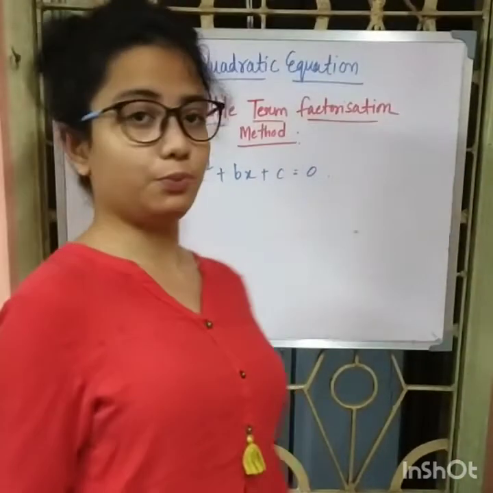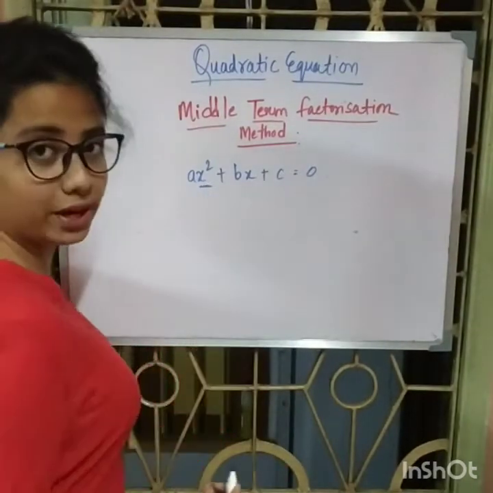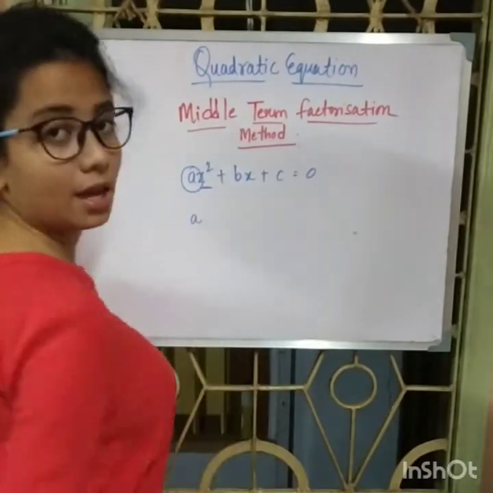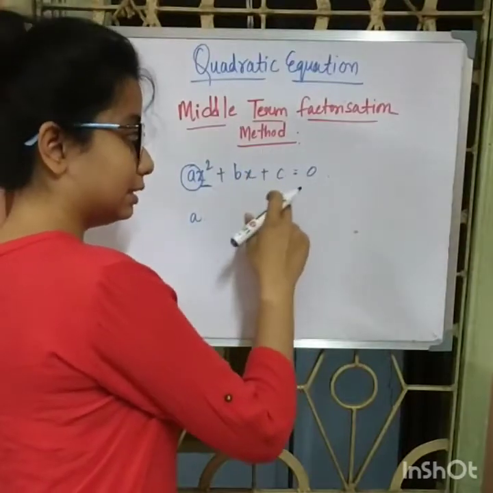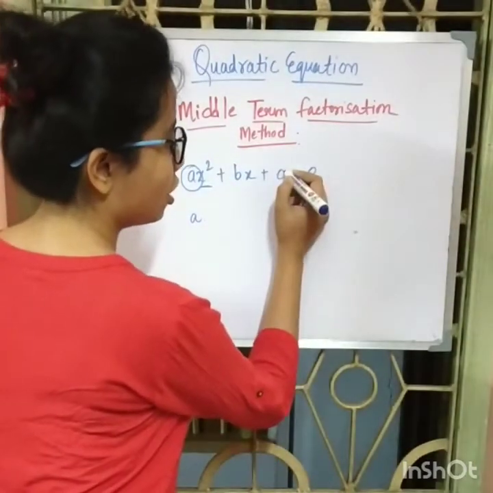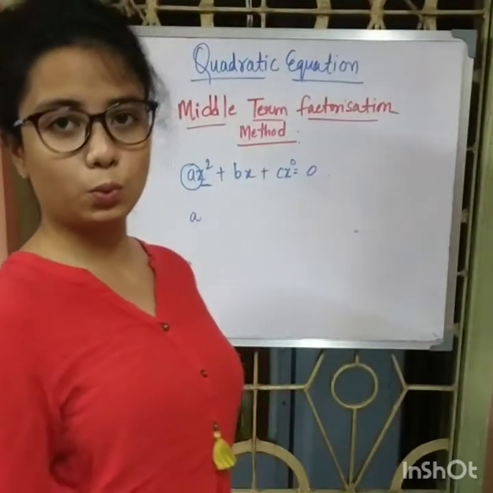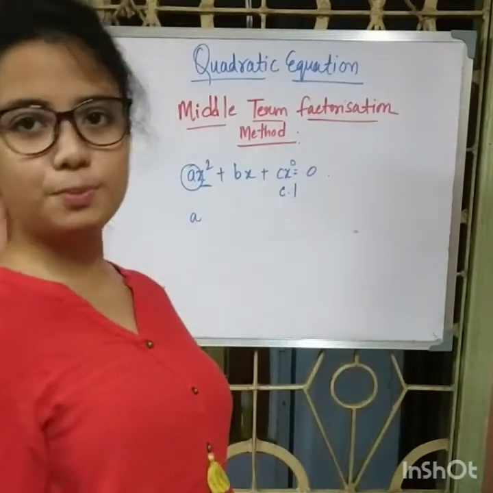So what do we do now? First, we take the coefficient of x square, that is a. Then we take the coefficient with x to the power 0, or we can say it's 1, anything to the power 0 is 1.